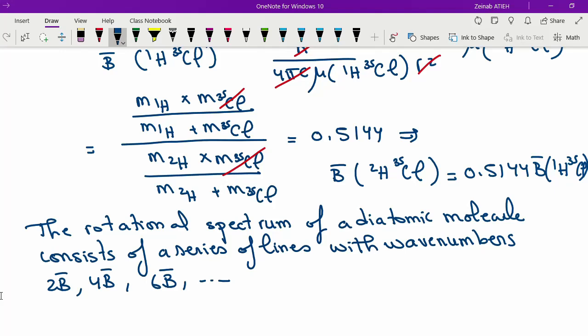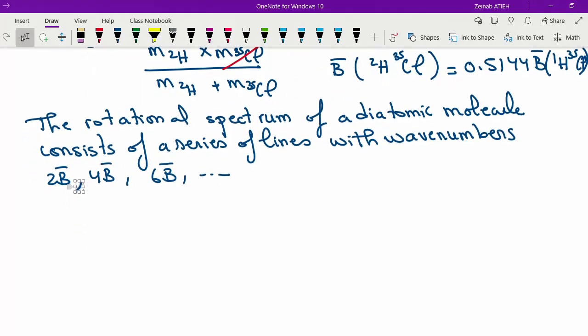If B bar has reduced by a factor of 0.5144, then the wave numbers must also reduce by the same factor. Just multiply the above wave numbers by 0.5144 and you will get these values.